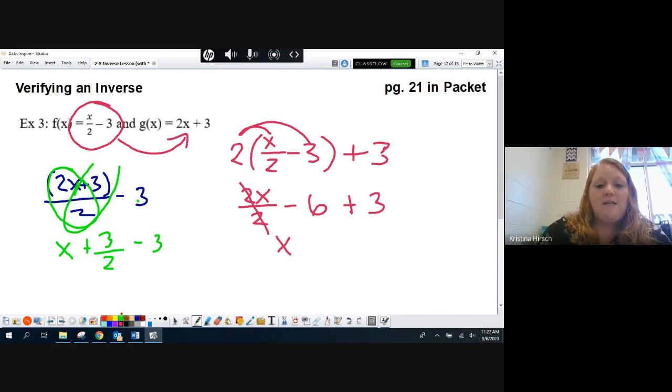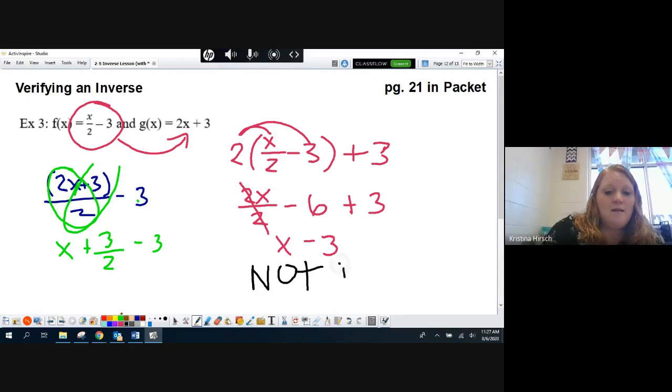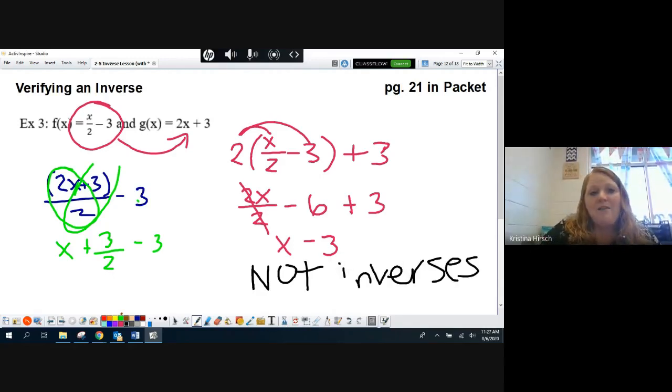This would give me the x, minus 6 plus 3 would give me a minus 3. Again, that's not x, so again, that just proves that those are not inverses. All right, so that's the math that you have to do in order to prove whether or not they're inverses.